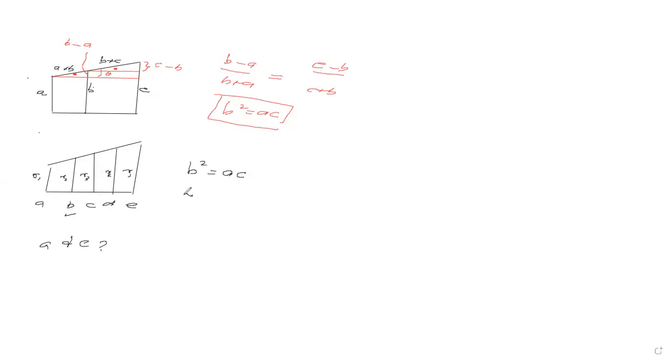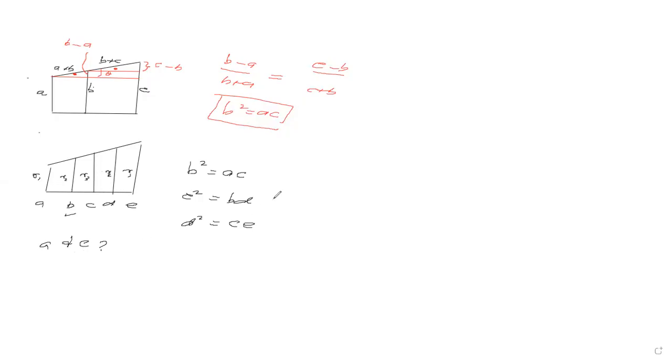Now, likewise, C squared is equal to BD. It's the same scenario repeated, right? These are adjacent circles. And here too, you've got D squared is equal to CE. So here again, you've got the same scenario repeated. The middle squared is equal to the product of these two.